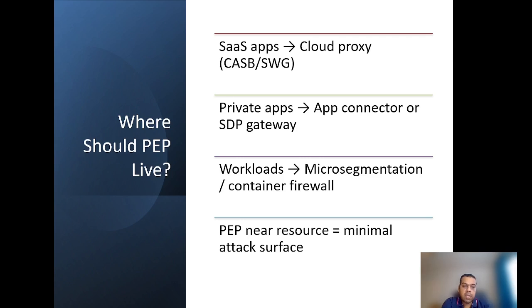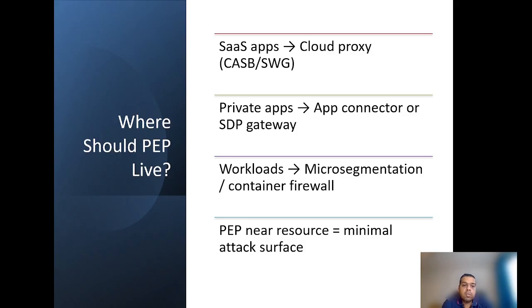So, for example, for SaaS applications, it should sit in the cloud proxy layer, like a CASB or a secure web gateway. For private applications, applications in the data center, it might be an app connector sitting close to the data center application, or it can be an SDP gateway.